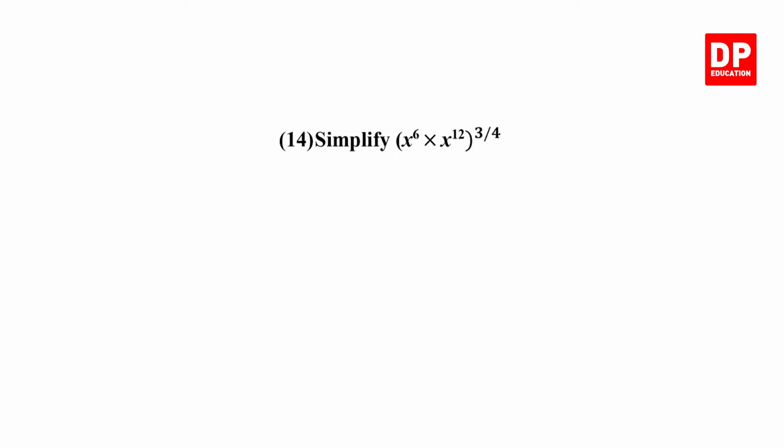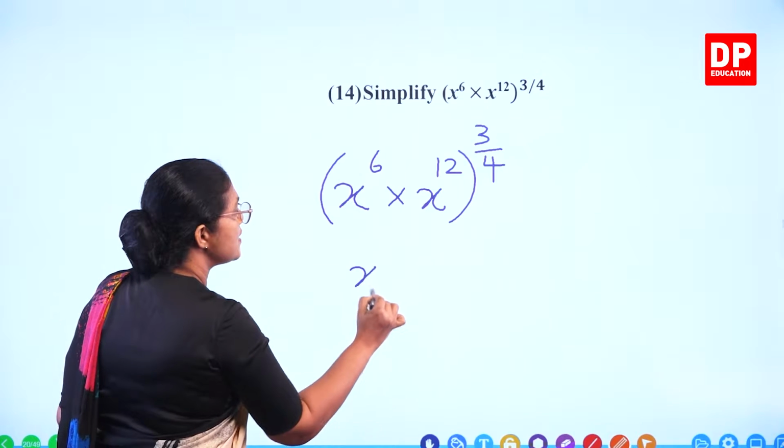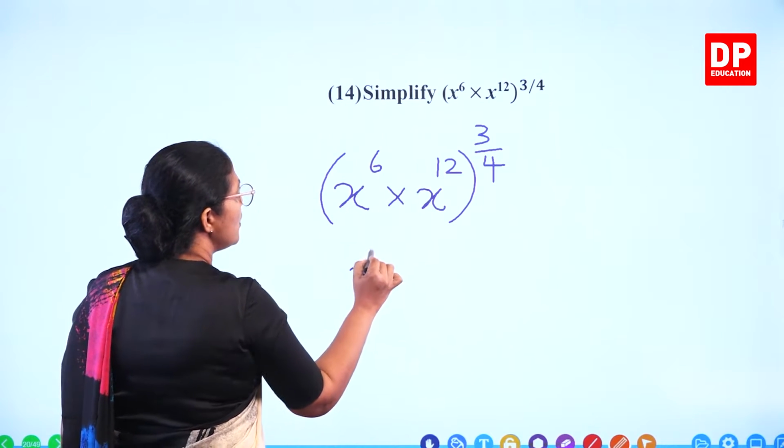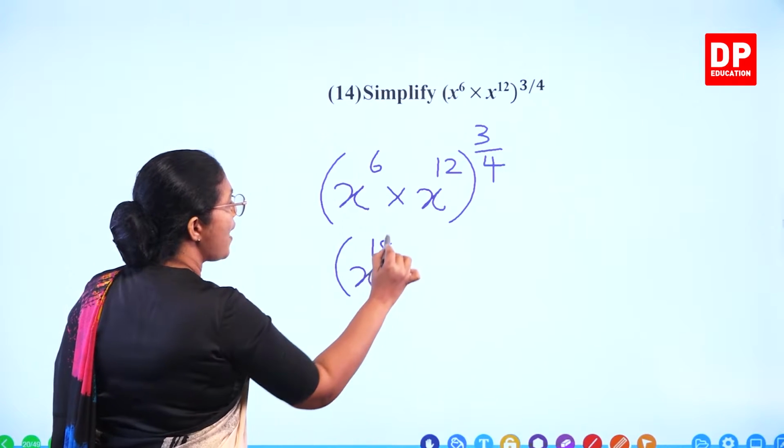Question number 14. Simplify. Same base, different powers. Multiplication is there. First we'll do inside, multiplication becomes addition of powers. So what is inside? 6 plus 12, you get 18. Then brackets.